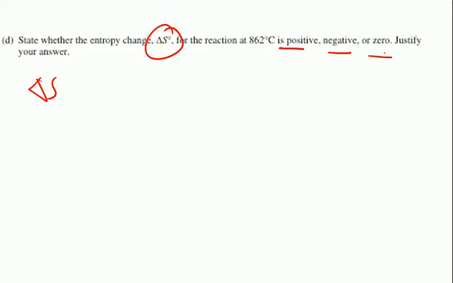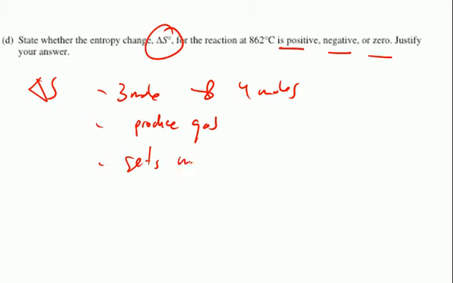If you look back at the reaction, you have 3 moles going to 4 moles, and you also produce gas, so delta S is going to be greater than 0, increasing entropy.